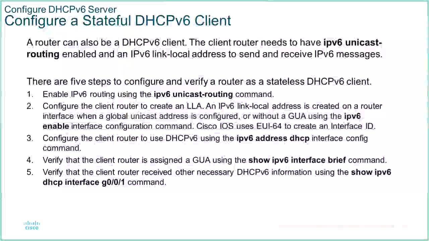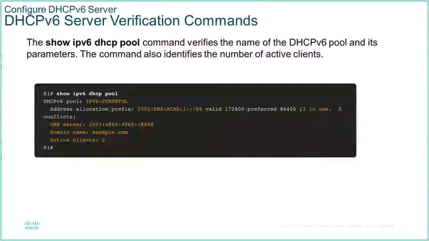It's just a different method of getting to the same result. So we basically have three methods that we can push IP addresses out to our clients within the network now. So if you look at it from that perspective, DHCP version 6 is more flexible than version 4.